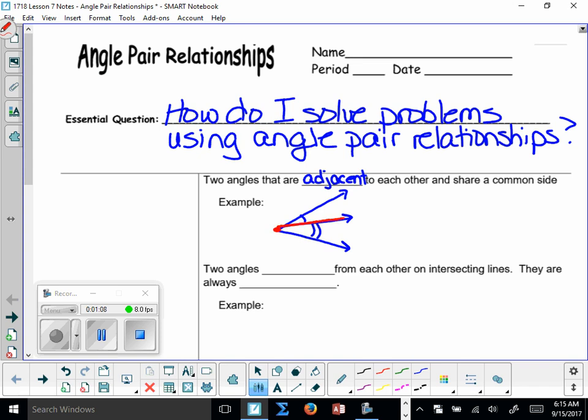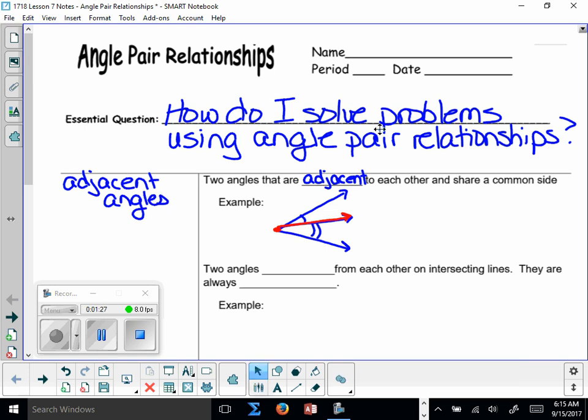You have a common side, and there's no overlap between these angles. There are no common interior points or no overlap. These are called adjacent angles. Let's highlight that so that you can make a note card.